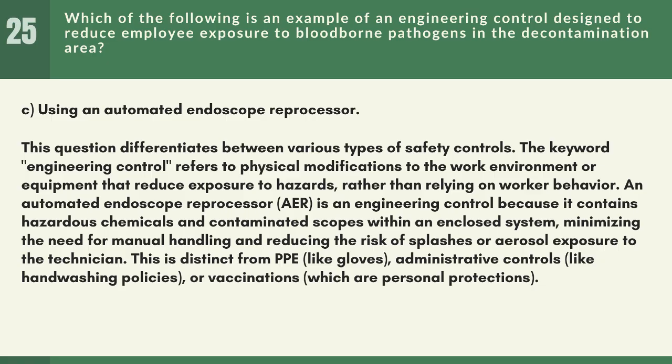An automated endoscope reprocessor, AER, is an engineering control because it contains hazardous chemicals and contaminated scopes within an enclosed system, minimizing the need for manual handling and reducing the risk of splashes or aerosol exposure to the technician. This is distinct from PPE, like gloves, administrative controls, like handwashing policies, or vaccinations, which are personal protections.